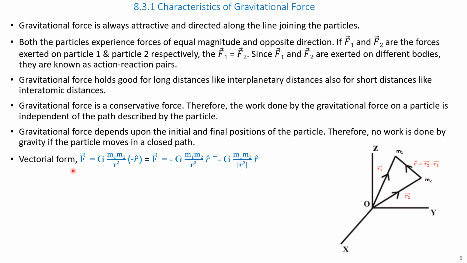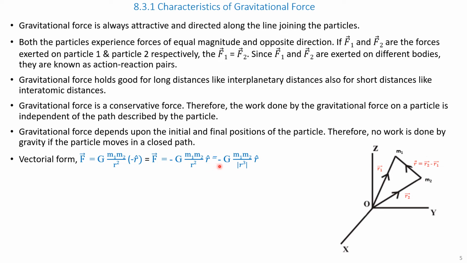In vectorial form, force F is written as F = G M1 M2 / R² into minus R hat. That is, F = −G M1 M2 / R² into R hat, where R hat is the unit vector.